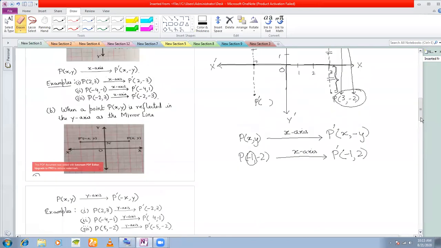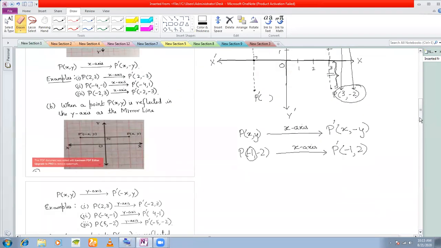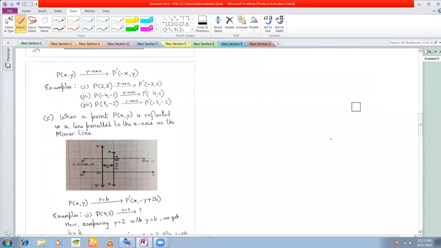Similarly, the concept is the same for the y-axis also. Draw the axes once again.